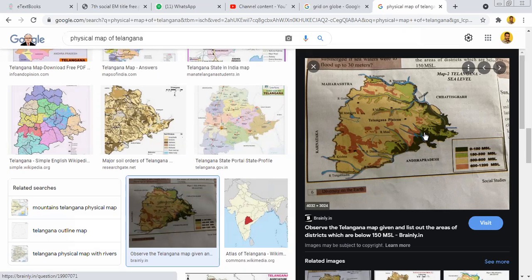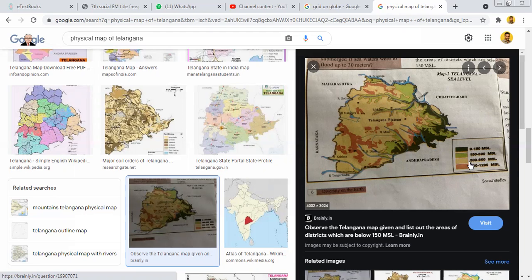Next, where the light green color is there, those places have 150 to 300 meters height, not exactly 150, not exactly 300. Those places vary between 150 to 300 meters height.